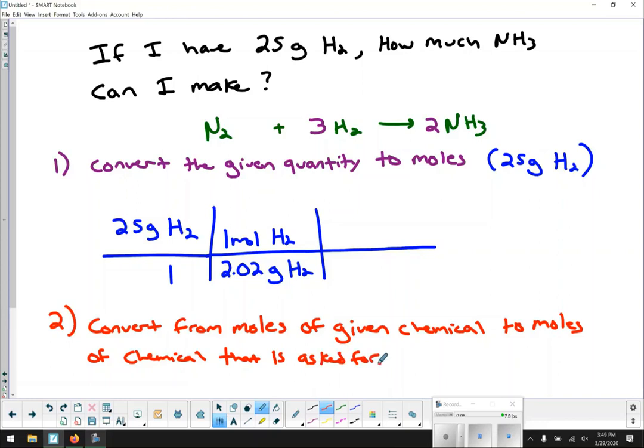So we're given a number of moles of hydrogen, and we're asked about ammonia. So I'm going to convert from moles of hydrogen to moles of ammonia.